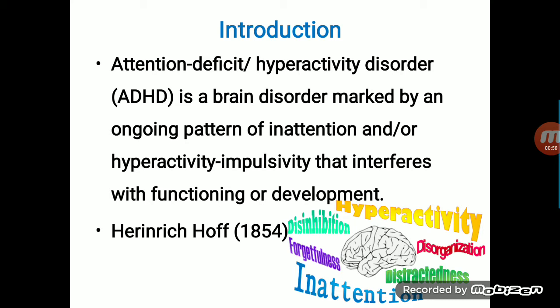Because of all this behavior, the child's daily functioning and day-to-day activities will be interfered with. Not only that, it will interfere with the child's normal development. And this term ADHD was first given by Heinrich Hoffmann in the year 1854.